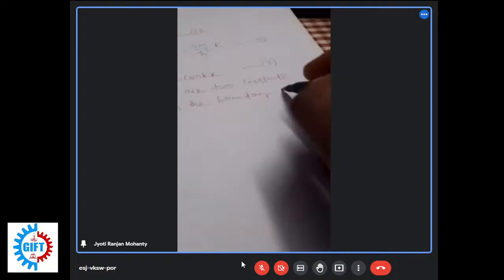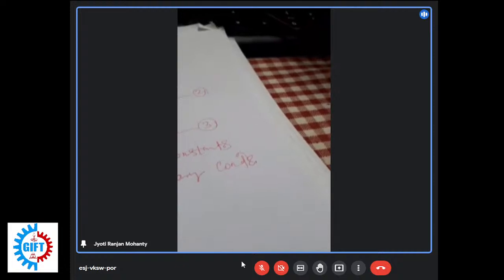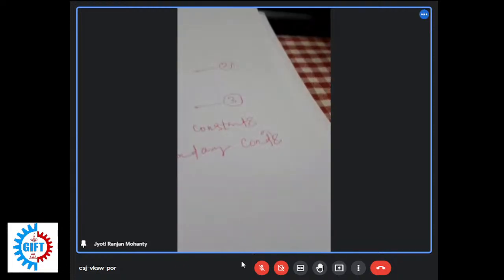We have not done this in the case of the free particle, but here we find the value of the unknown constants using the boundary conditions.